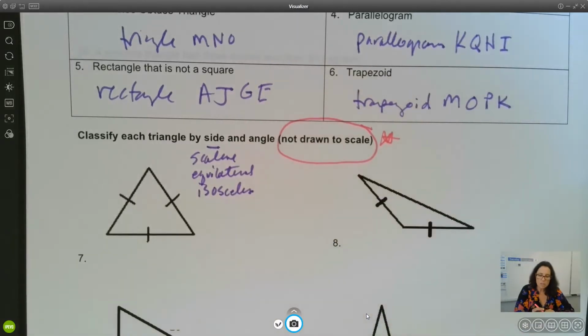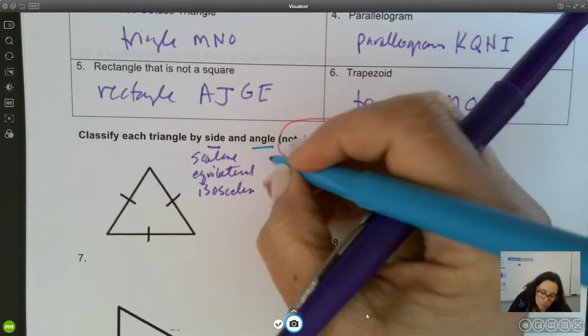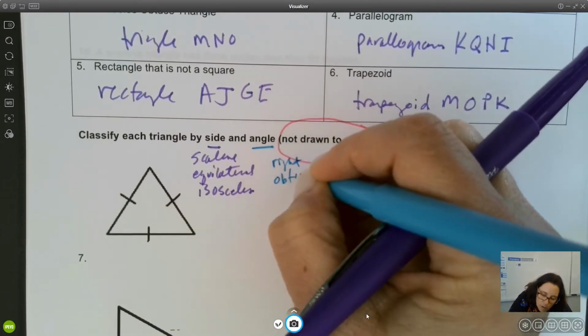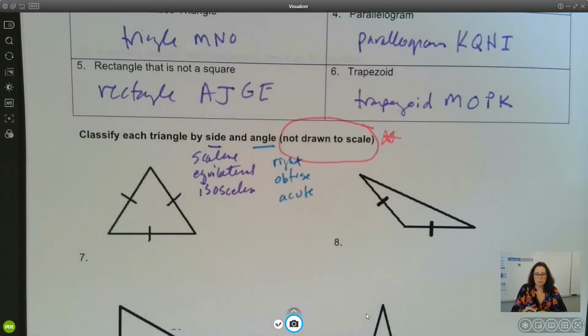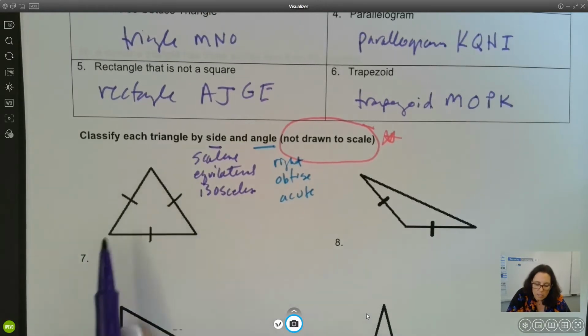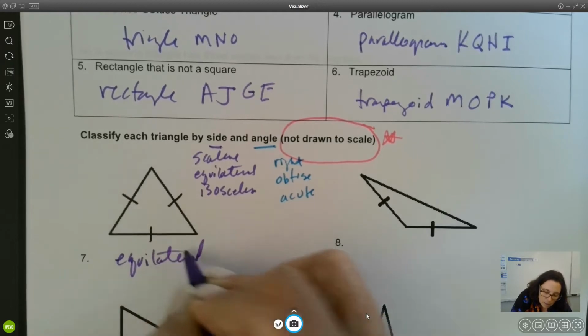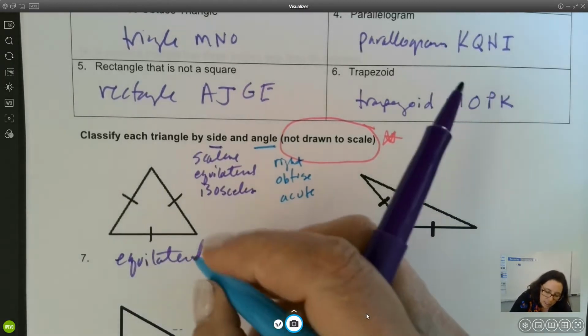And then angle. Angle is going to be right, obtuse, and acute. So sides, these are all equal, so this is an equilateral, and this is definitely an acute, no angles bigger than 90.